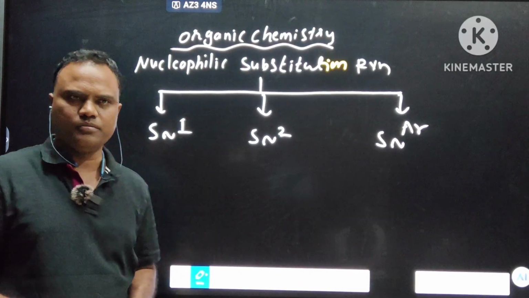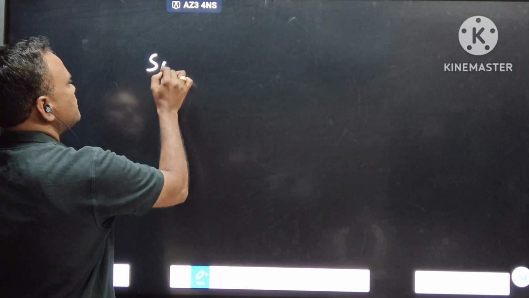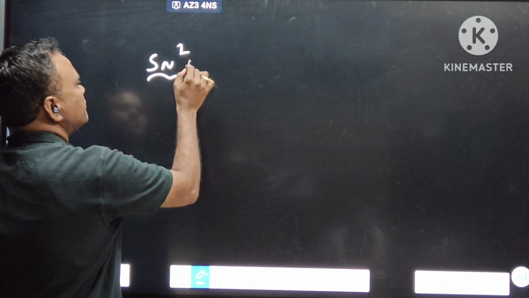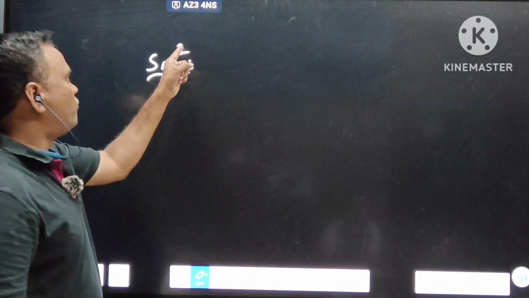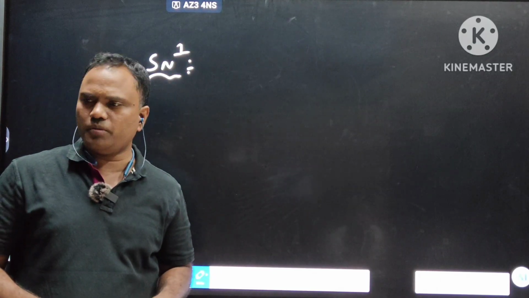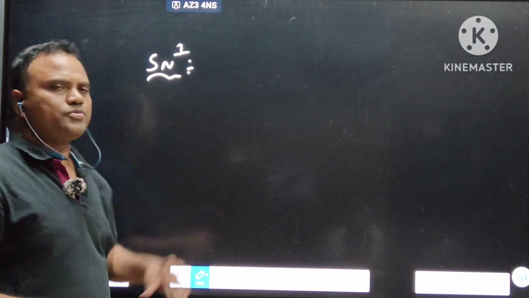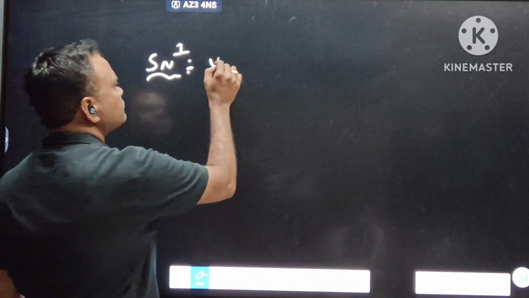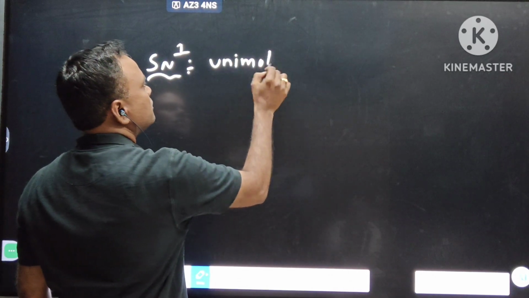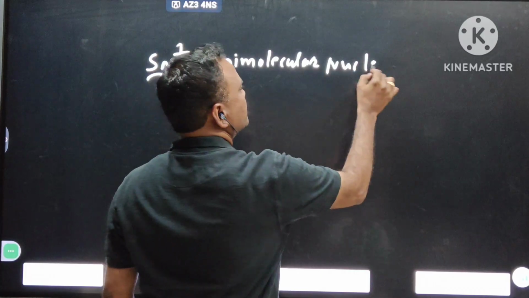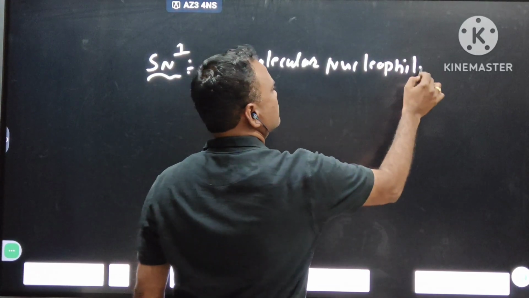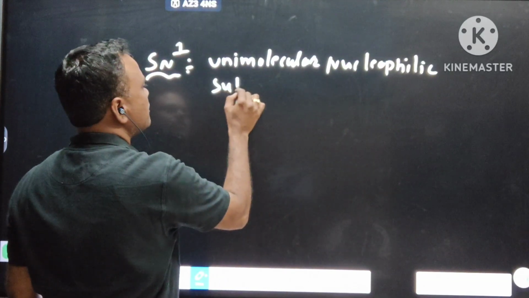SN1. First of all, let us see the abbreviation. How to read this? The 1 represents unimolecular. Unimolecular nucleophilic substitution reaction.